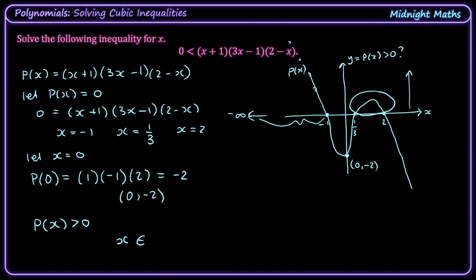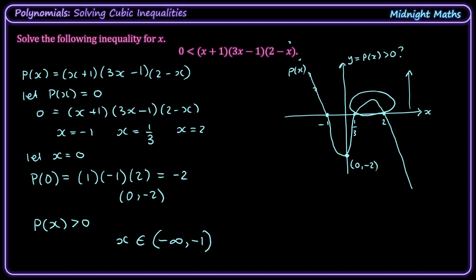So this section will be from negative infinity to -1. And the question is larger than, not equal to, so we don't include the -1 because at -1 we are on y equals 0, whereas we're only looking at where we're larger than y equals 0, so we're only larger, not including the actual intercept.